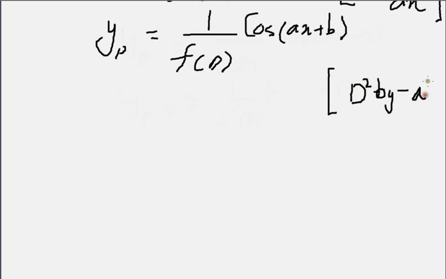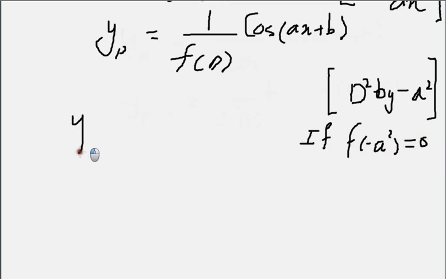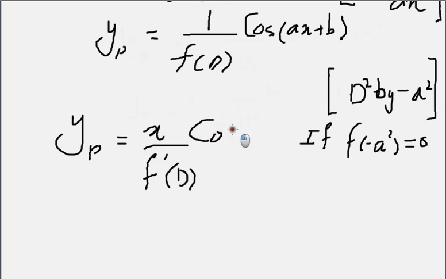negative of a square. As soon as you replace this in the equation, if f of minus a square equals to 0, then what you're going to do is yp equals to, you're just going to multiply the equation by x and you'll just differentiate the f of D once, everything will be same.